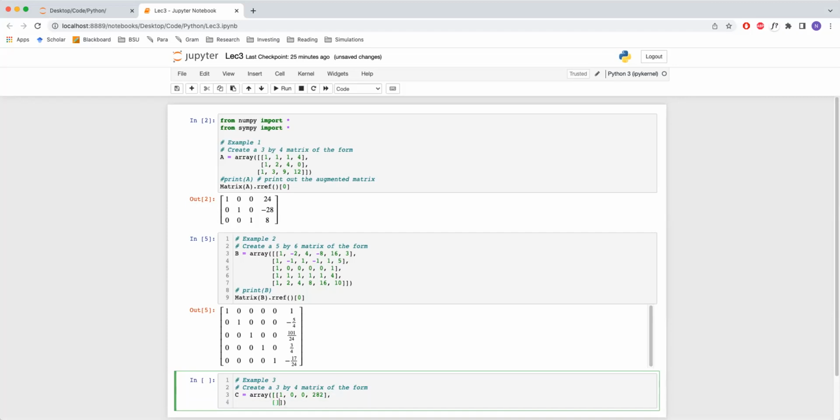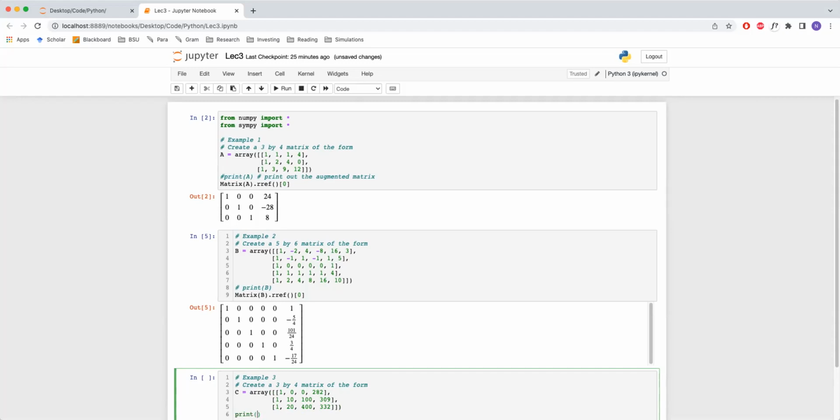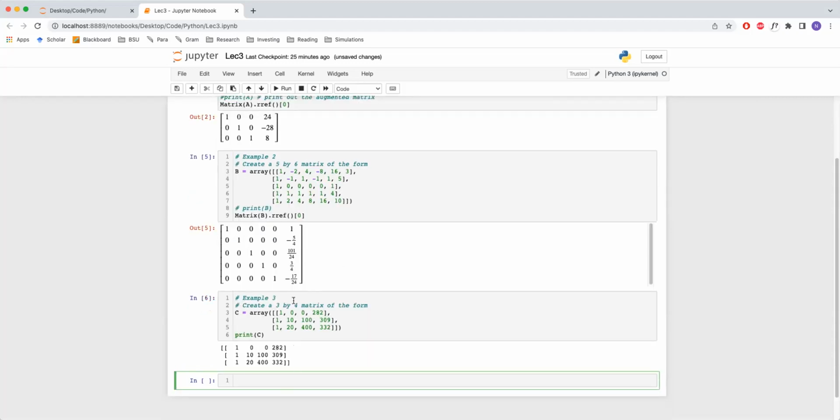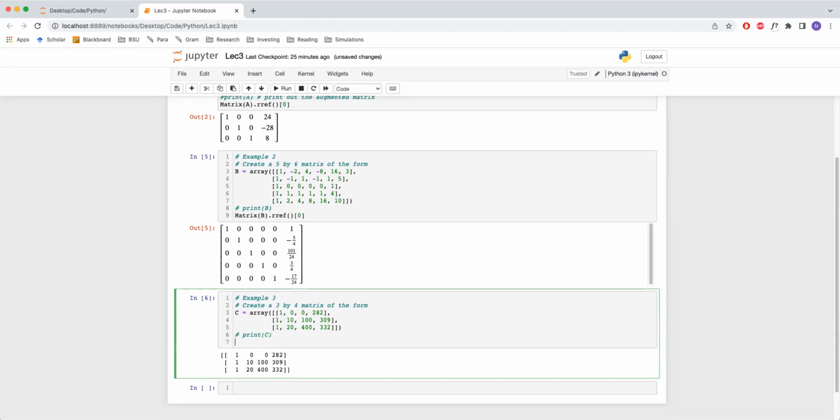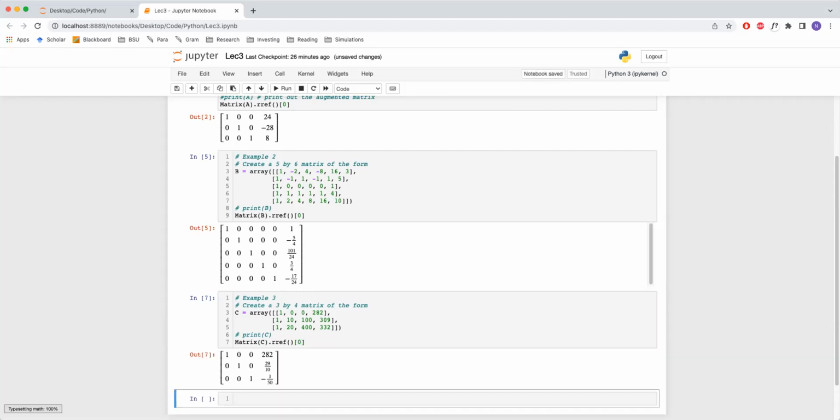The second row has 1, 10, 100, and 309. The last row has 1, 20, 400, and 332. Let's print out the matrix to see if it works. It works. Now we'll comment this out and do matrix dot RREF and just choose the first entry of the output.